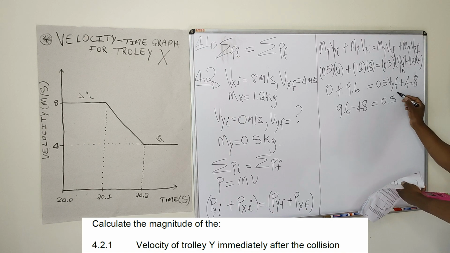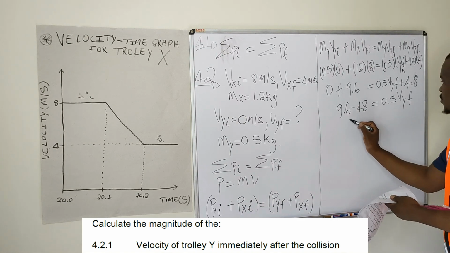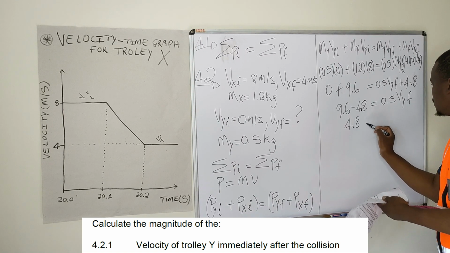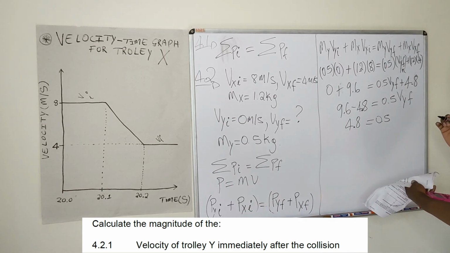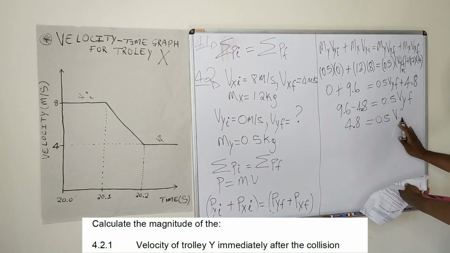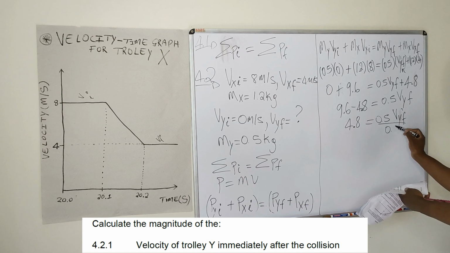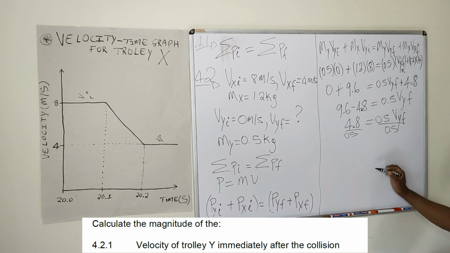0.5 vYF. This minus that, we have 4.8 is equal to 0.5 vYF, then you divide by 0.5.